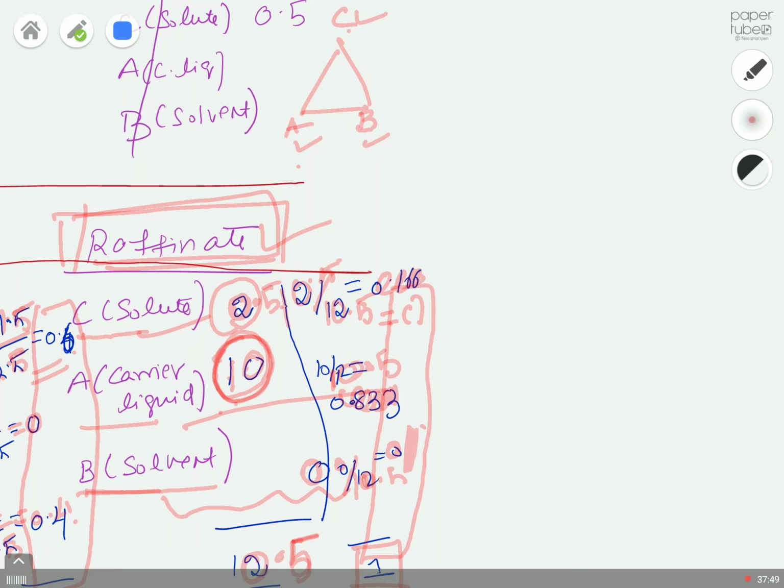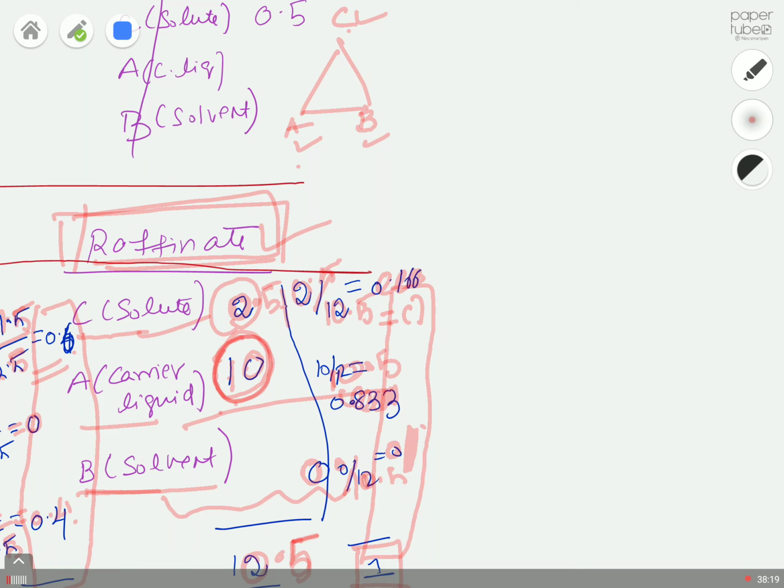These are nothing but liquid equilibrium data, because your system reached equilibrium. Your extract and your raffinate are in equilibrium with each other, and they share some amount of solute. Your extract might contain some solute, and your raffinate might contain some solute, and they are in equilibrium. Whatever data you get out of this experiment is liquid equilibrium data.